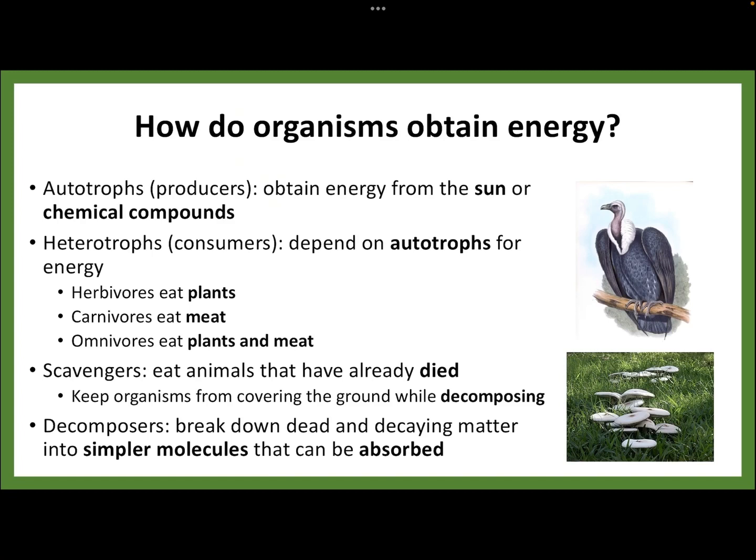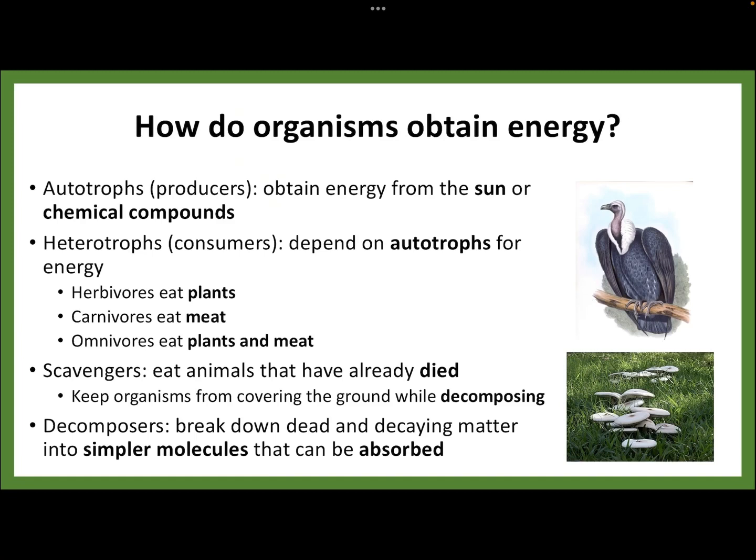We have subcategories of heterotrophs that we can discuss, like herbivores, which eat only plants, carnivores that eat only meat, and omnivores that eat both plants and meat. Those are subcategories of consumers based on how they obtain their energy.